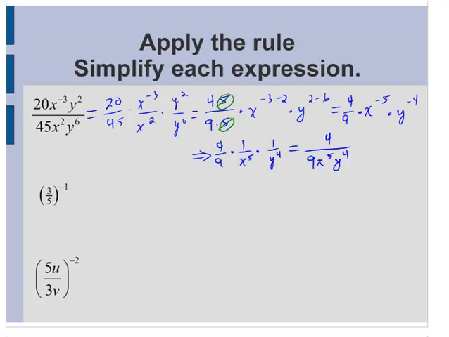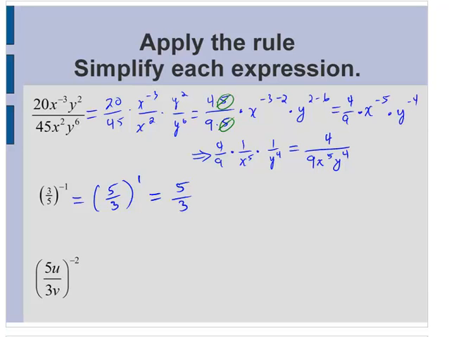So 3/5 to the negative first power is the same as the reciprocal of 3/5. The reciprocal of 3/5 is 5/3. So 3/5 to the negative first power is the same as 5/3, the reciprocal.